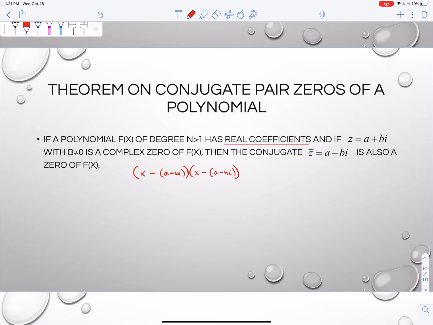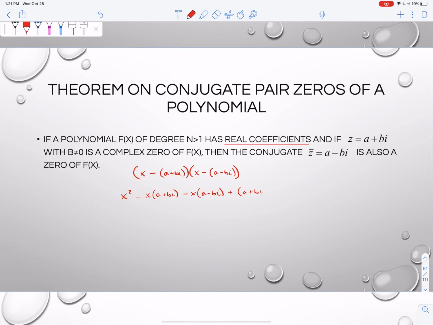Basic example, if I FOIL all this out, I'm going to have x squared minus x times (a plus bi) minus x times (a minus bi), I guess technically it'd be in the other order, but it's okay right now, plus (a plus bi) times (a minus bi). So all I did here is I FOILed to get these 4 terms.